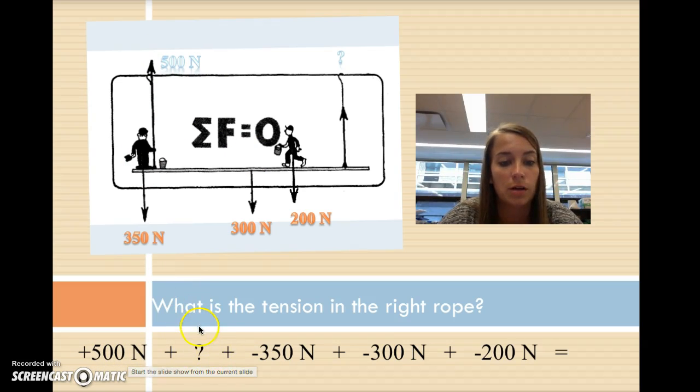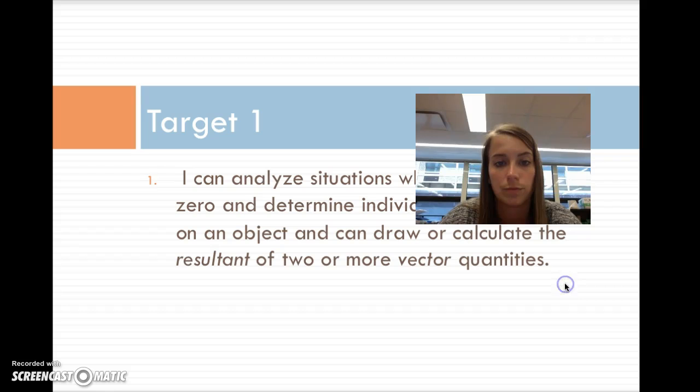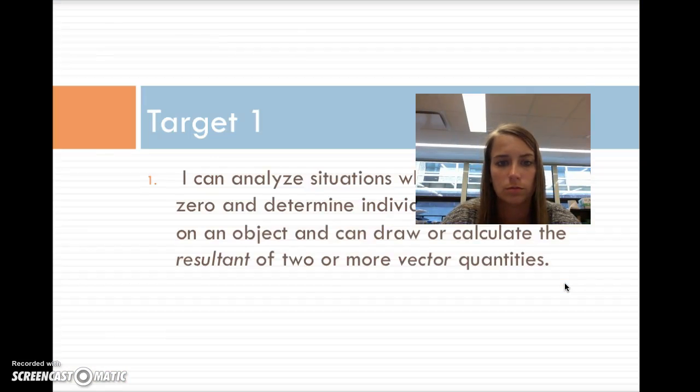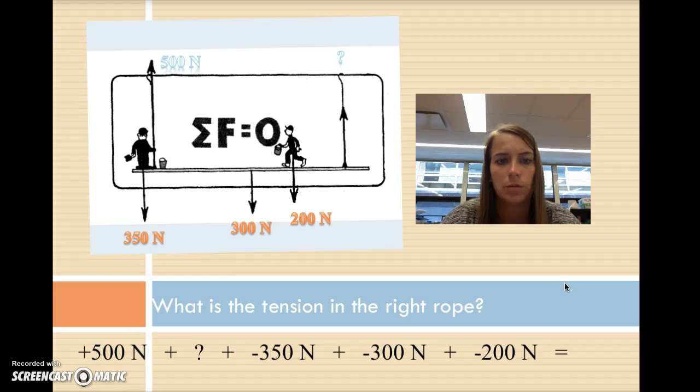Plus question mark, that would be this force right here, plus a negative 350, plus a negative 300, plus a negative 200, all those negative because they're pulling down, that has to equal 0. The sum of your forces, so sum meaning add up all your forces, has to equal 0. What is the answer?